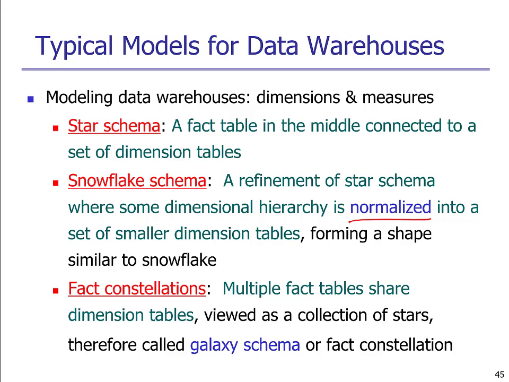That's why it's called a snowflake schema. For fact constellations, multiple fact tables share dimension tables, as a collection of stars, and therefore it is called a galaxy schema or fact constellation.